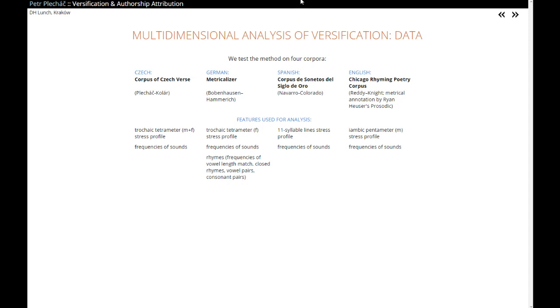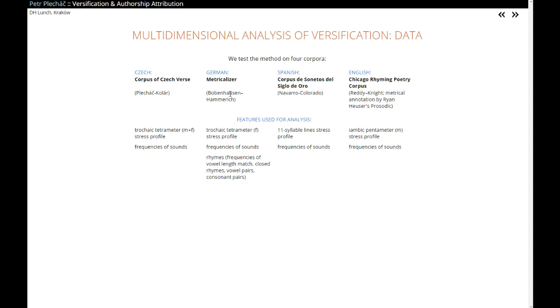From Czech, it was from a very close period, because we don't want to deal with 700 or 300 authors in one experiment. But the formal criteria to have a consistent sample in terms of versification allowed us in German to have a rather small sample when compared to Spanish, where everything is written in 11 syllable lines.